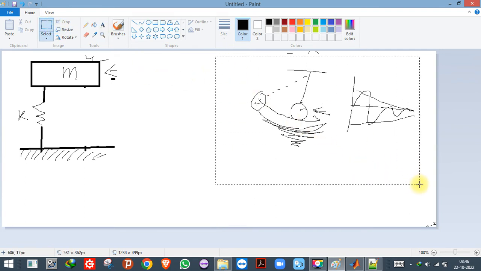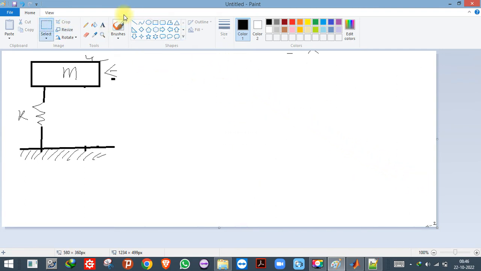If there is no damping, what will happen? That means the system will keep on vibrating with the same amplitude. Now what is amplitude? This value, like how much the curve is going up.